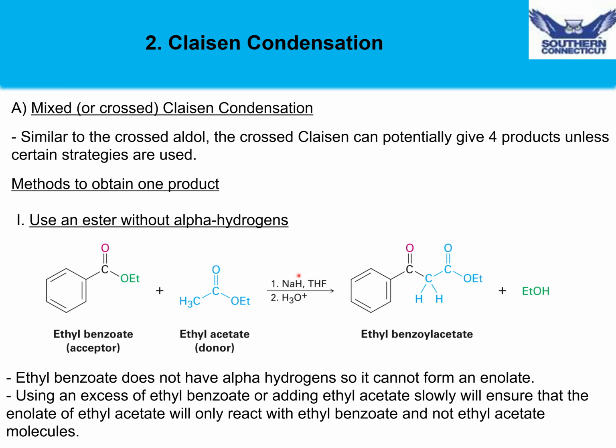So ethyl acetate has alpha hydrogens. So sodium hydride, which is a base, will remove one of those alpha hydrogens, forming an enolate. Then that will attack the ethyl benzoate. The ethyl benzoate, notice, doesn't have any alpha hydrogens, so it's not going to form an enolate. So the enolate of ethyl acetate will attack this electrophile ethyl benzoate and form the following beta ketoester.